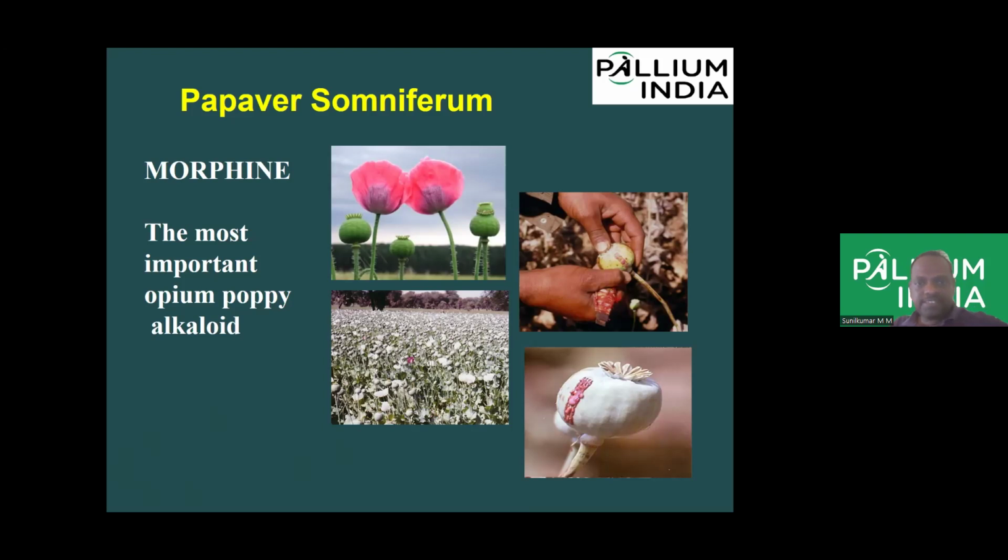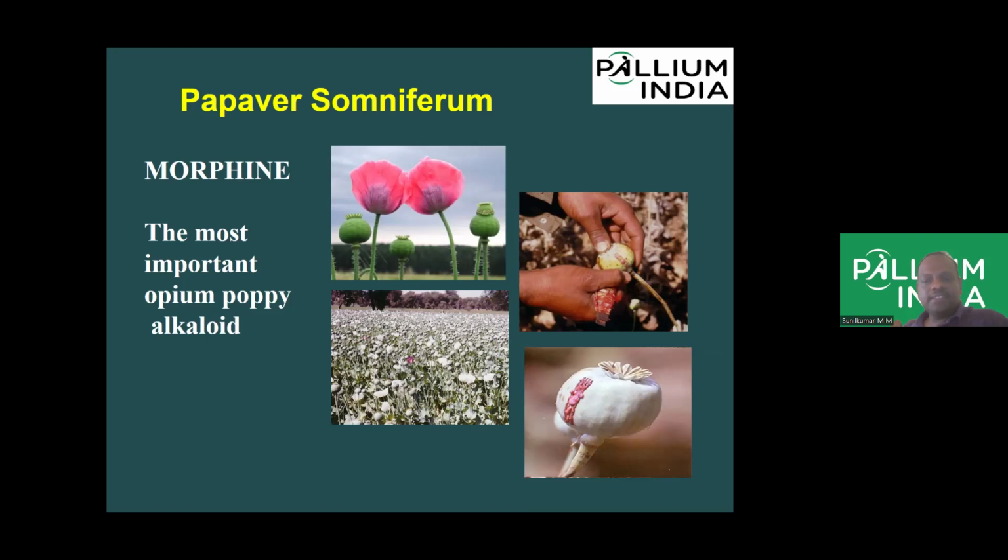You can see the seed-like things, which is known as the pod. When it matures, the farmers make small cuts on the pod, and the sap oozes out, which the farmers collect and dry in sunlight. Then this is transported to government opium and alkaloid factories in Neemuch.